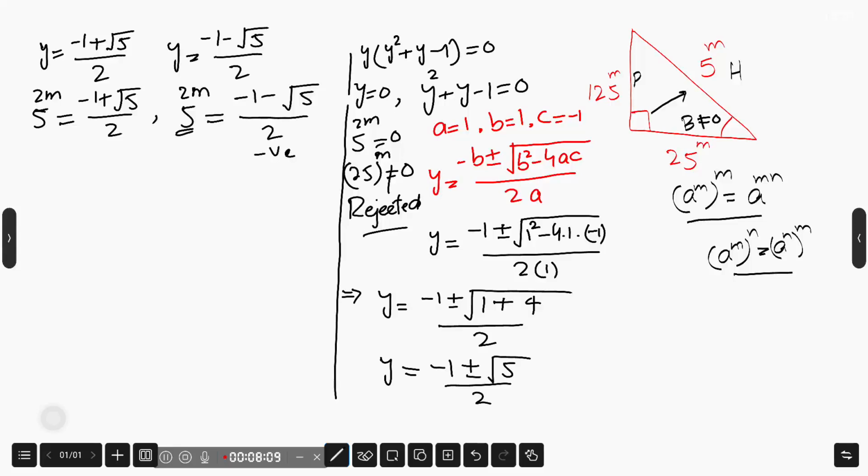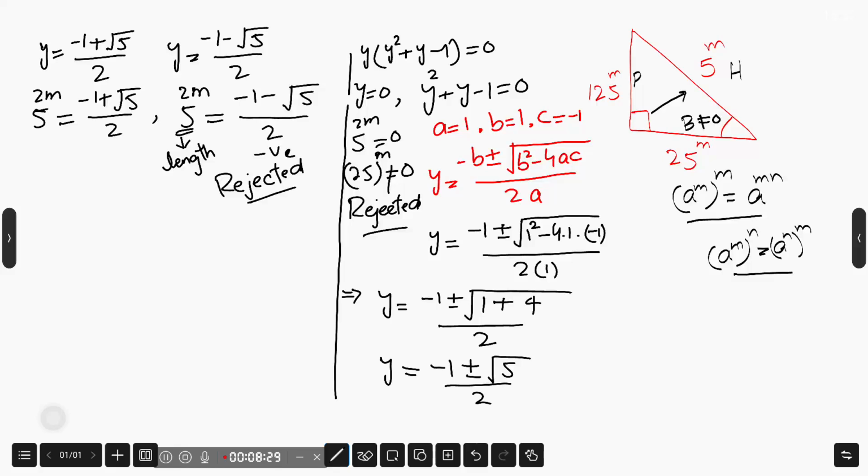Now we have only one case, so we proceed with this case only, and in this case we find the value of m. So here we rewrite this expression as 5 to the power of m, whole square, equals -1 plus square root of 5 divided by 2.